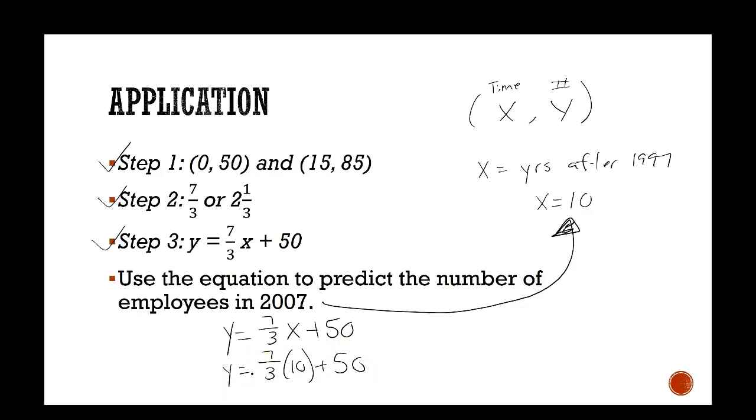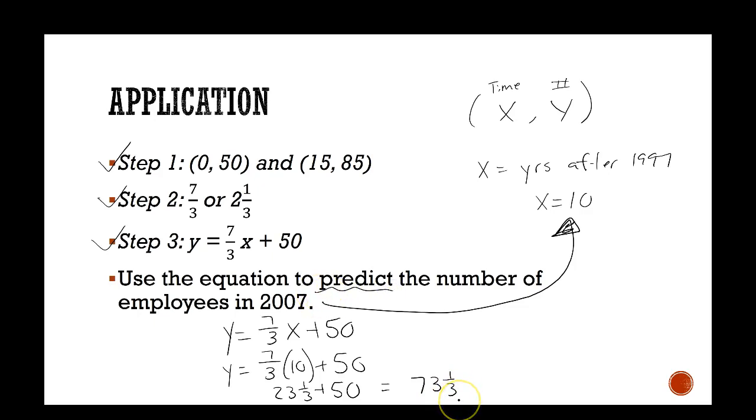So I could do 7/3 times 10, which gave me 23 1/3. Then add the 50, and you get 73 1/3. Again, I'm predicting the number of employees in 2007.